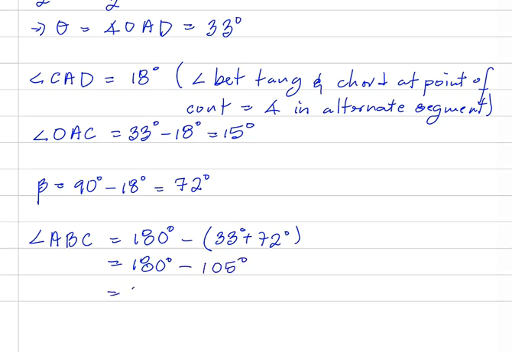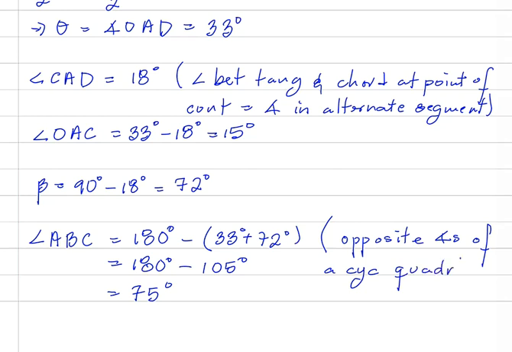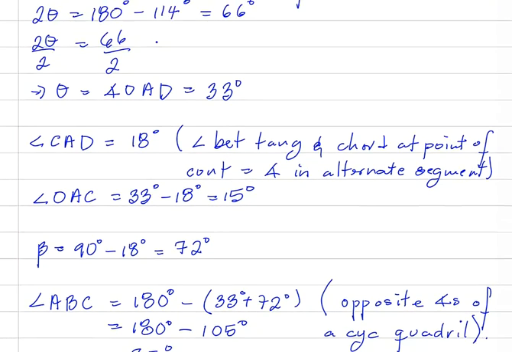So this would be 75 degrees. And I can then see that they're opposite angles of a cyclic quadrilateral. All right, opposite angles of a cyclic quadrilateral are supplementary.